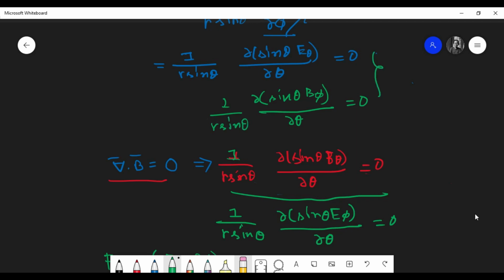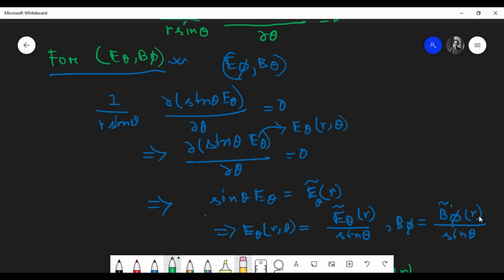Actually, I'm grouping these two equations because together they work for the E theta B phi solution, and these two work for the E phi B theta solution.